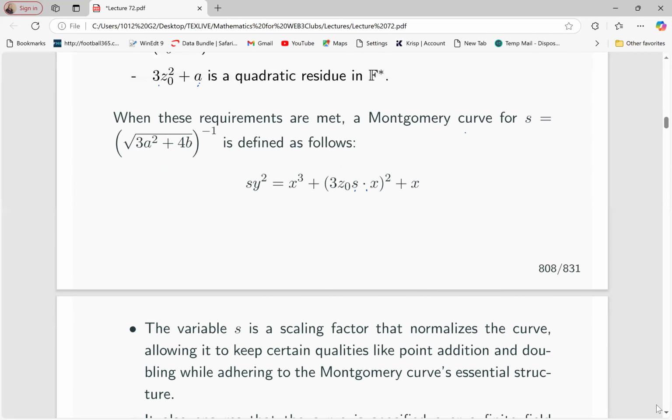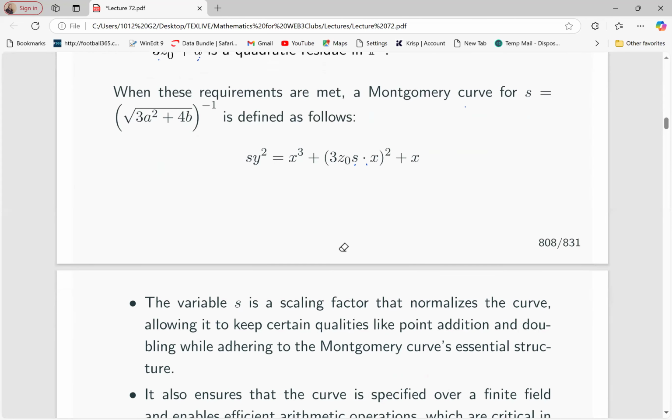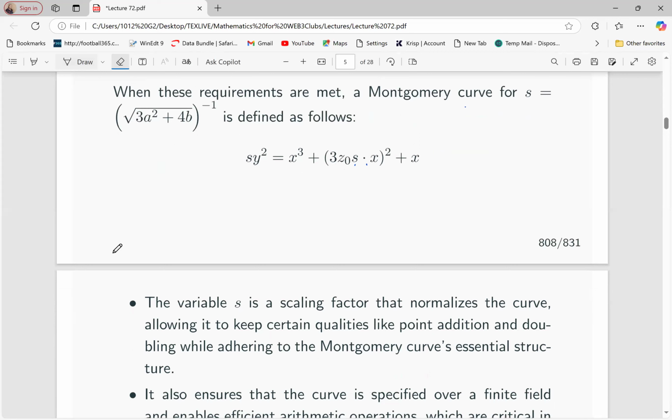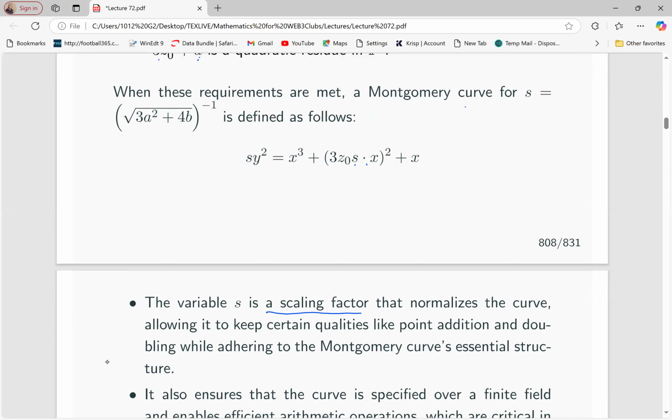There's a lot of research on that. Our S there, S that we've been calculating, you will call it the scaling factor. Why do we do it? The scaling factor normalizes the curve. It means it will assist in keeping qualities like point addition and point doubling.